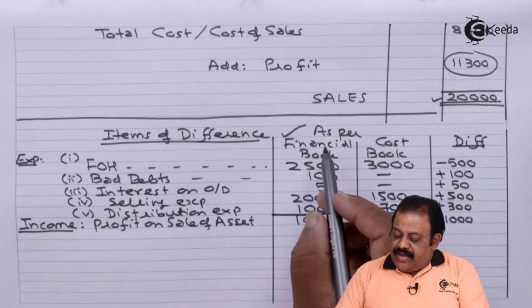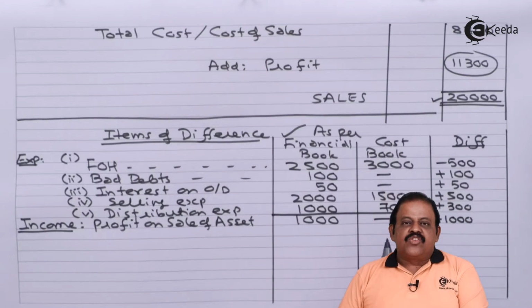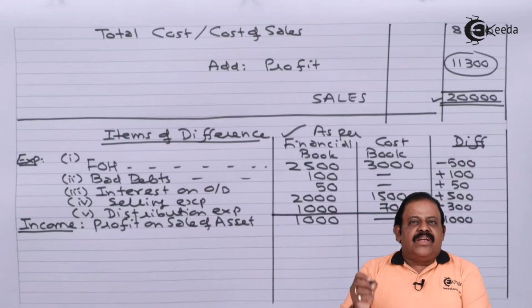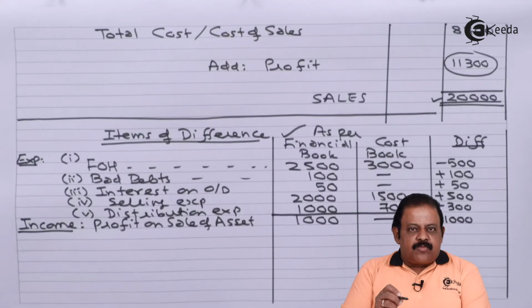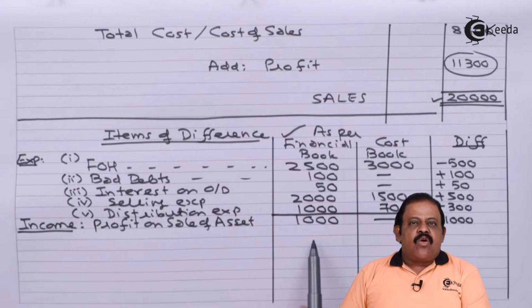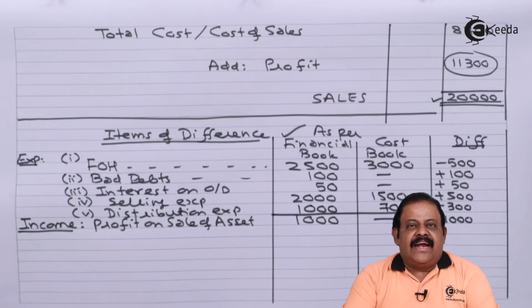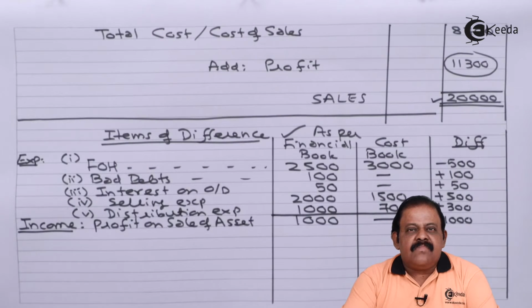Therefore, in working note, we have kept first column financial book, the starting point of reconciliation statement, and second column is cost book. If we start with profit as per cost book, in our working note, our first column should be cost book and second column should be financial book. Now certain items are required to be added and certain items are required to be deducted.